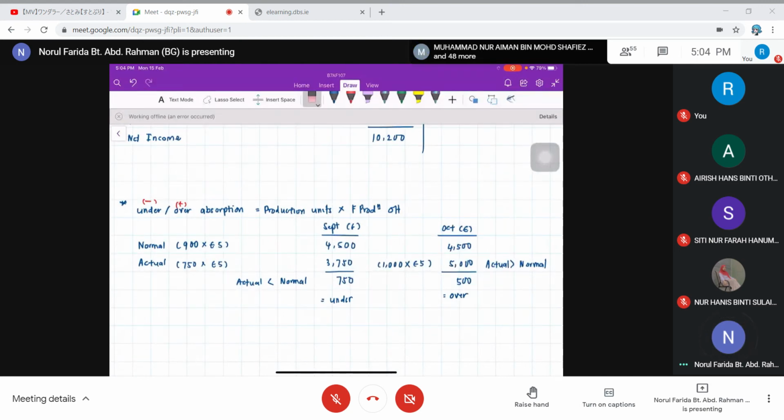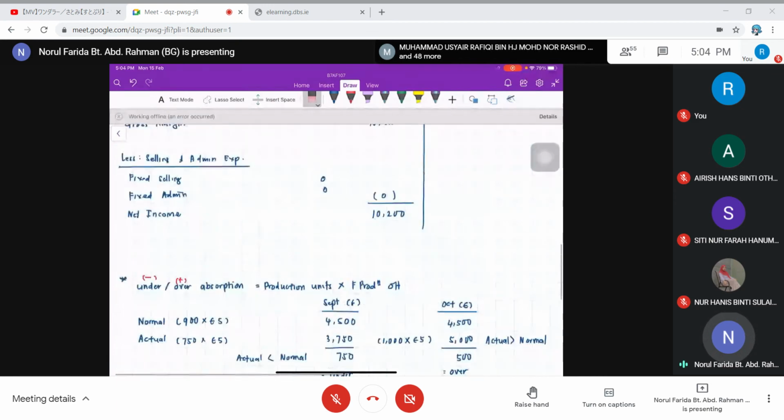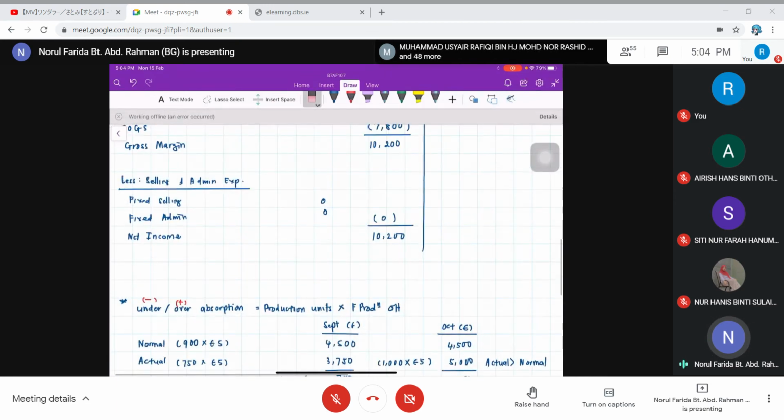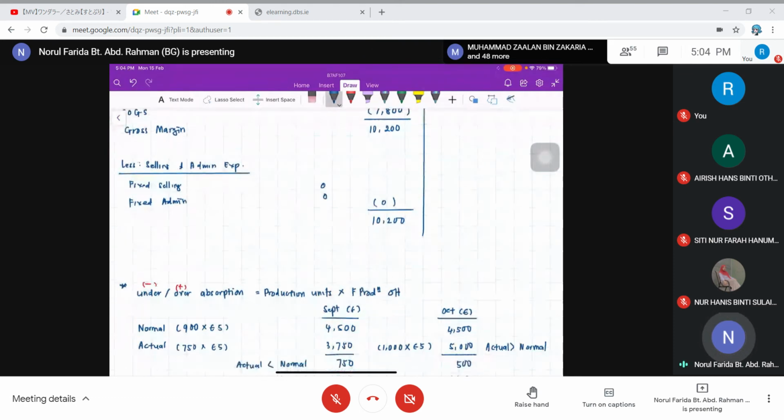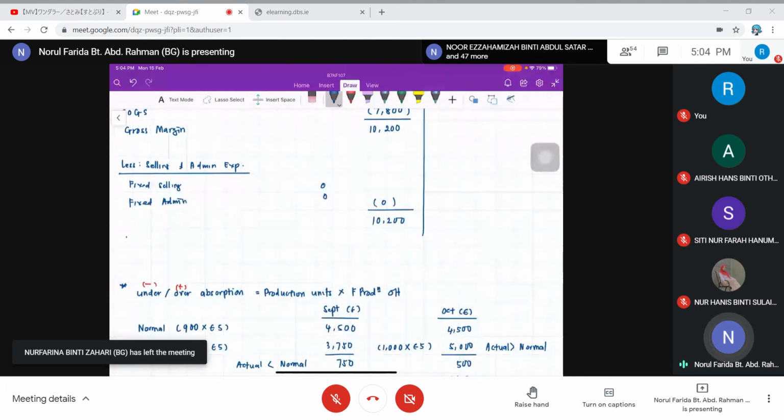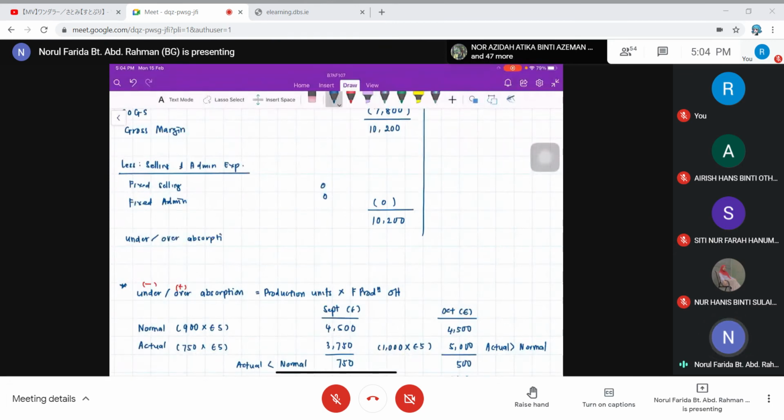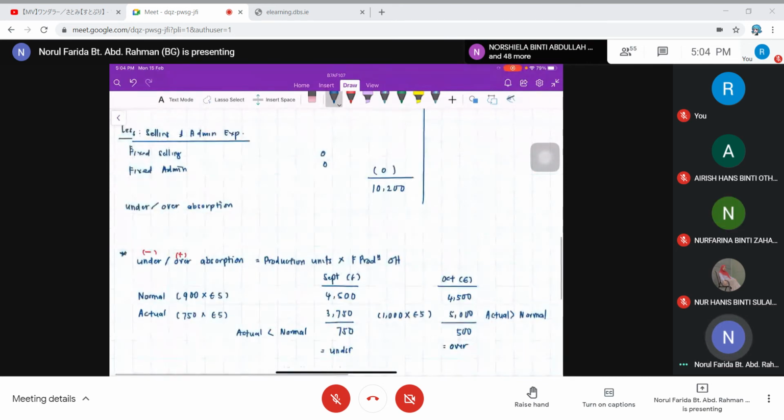Okay. So in case of September tadi, dah dapat 10,200. Okay, this is not your net income. Alright, because you kena adjustment dengan you punya over, under or over absorption. September tadi under absorption.